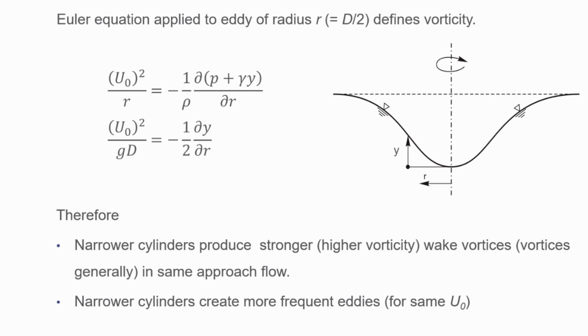The velocity ratio is much different, depending on whether you define scale in terms of prototype over model, a different type of vorticity in the model in the lab. So narrower cylinders, such as you see in the lab, produce stronger vorticity and stronger flow depth, scour depth, and they create more frequent eddies, separation eddies or vorticity structures, than you see in the field.